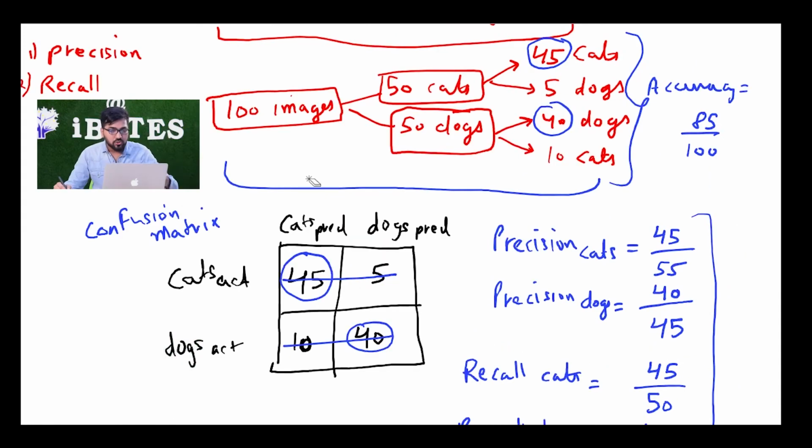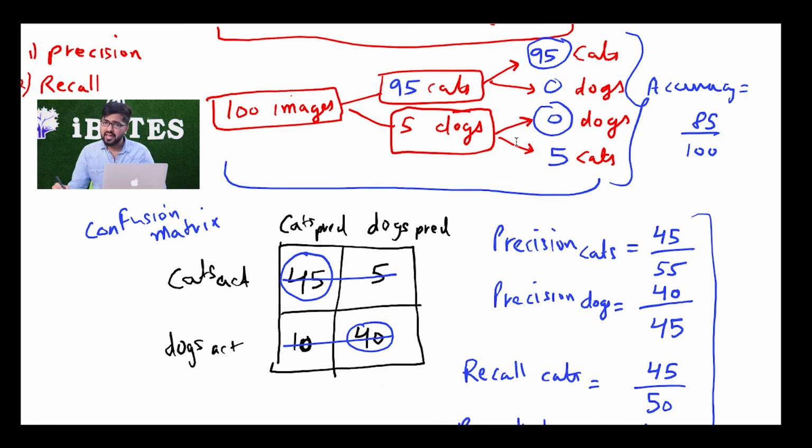Okay. So now for the original problem, out of 100 images, if I have 95 as cats and only 5 as dogs, and from those 95 cats I predicted all 95 as cats and 0 dogs, and from those 5 dogs I have predicted 0 as dogs and 5 as cats.